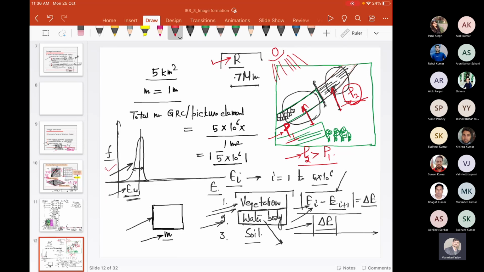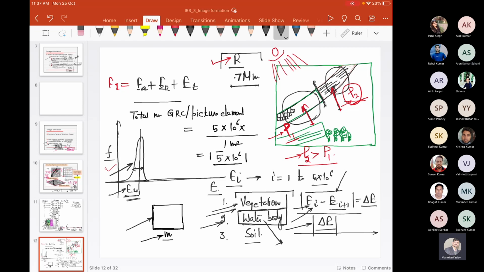Then again, if you notice the law of conservation of energy, where we derive how the energy interacts, the total incident energy is equal to reflected plus absorbed plus transmitted.